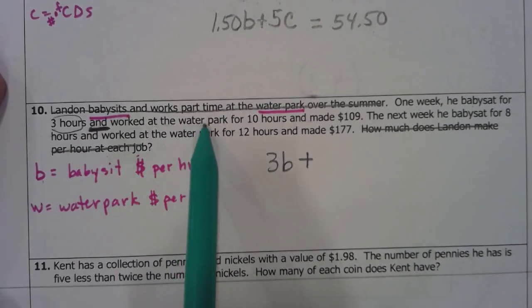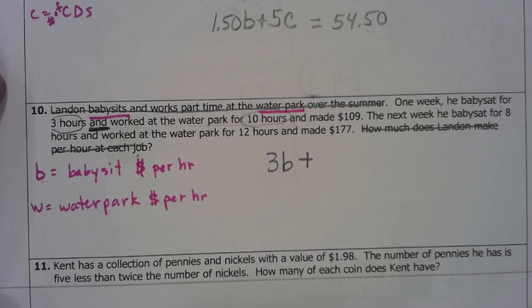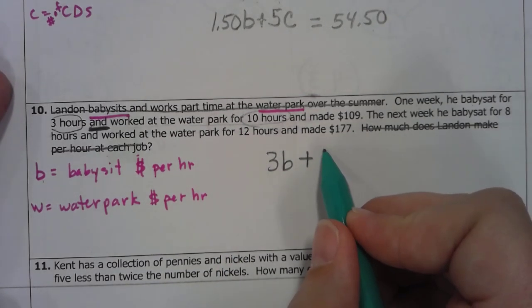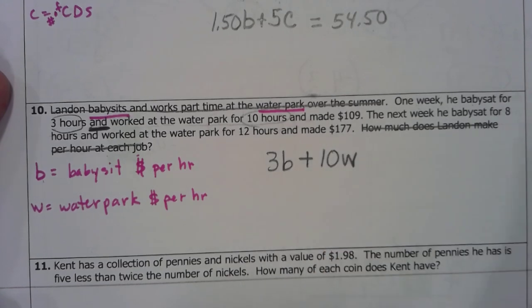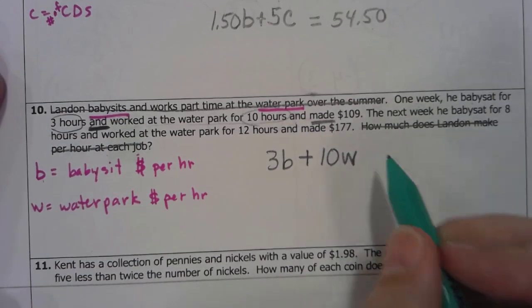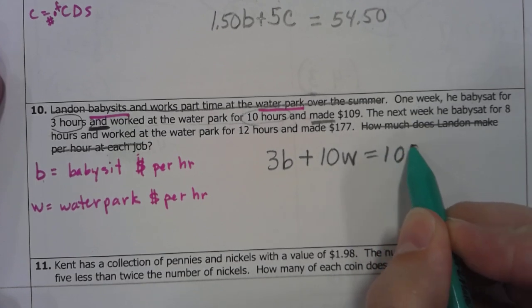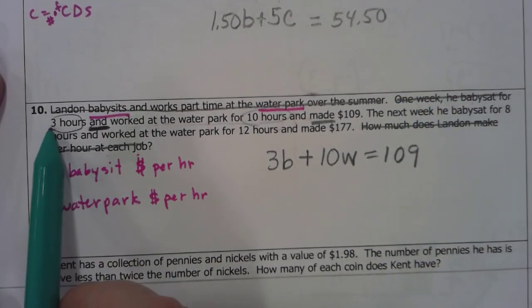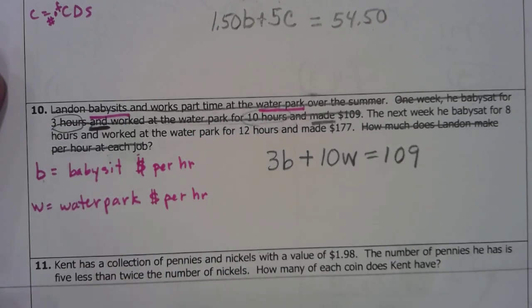And he worked at the water park for 10 hours. So I write 10W and made equals $109. And now that sentence is done and you can cross it out so that you're not getting overwhelmed by all the words.